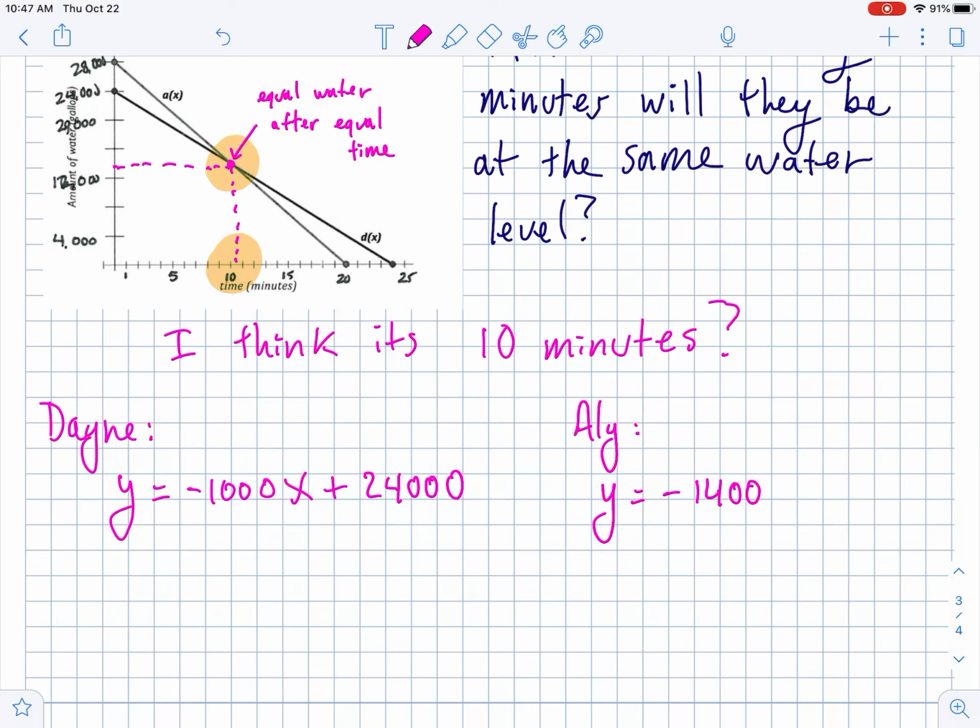And for Allie, her equation was negative 1,400x plus 28K. I shouldn't use y's with those. I forgot we were doing A of x and D of x. So D of x is equal to that, and A of x is equal to that.